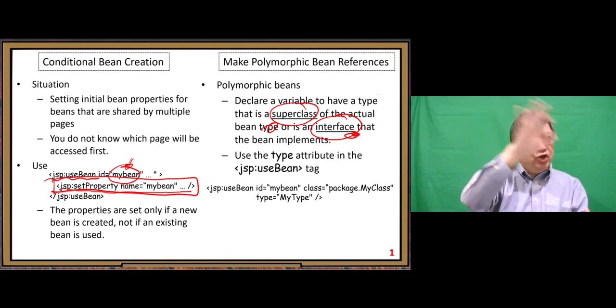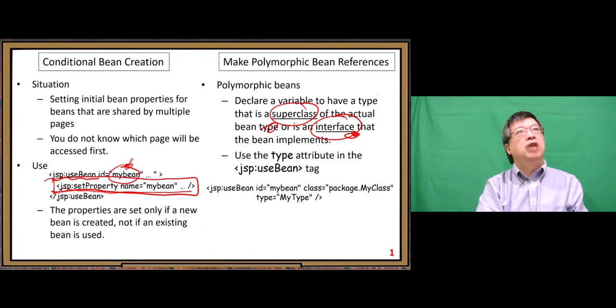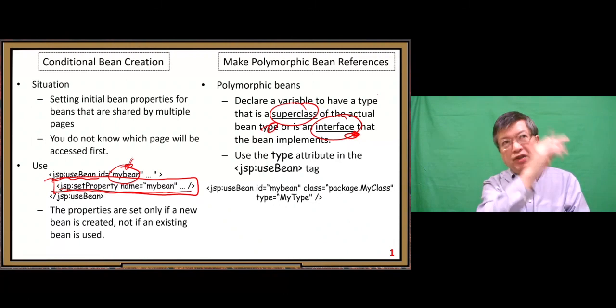Then each individual bean will perform as its own original class. A subclass will perform as the subclass when you call it. So that's the meaning of polymorphism. Otherwise, we do not use polymorphism. Java, and not just Java, object-oriented programming languages support polymorphism. So that feature is available.